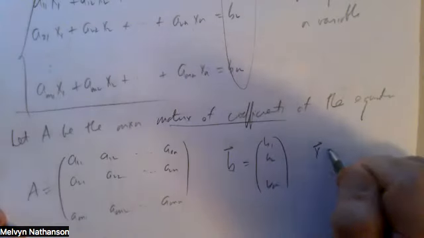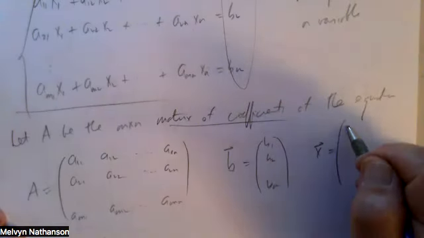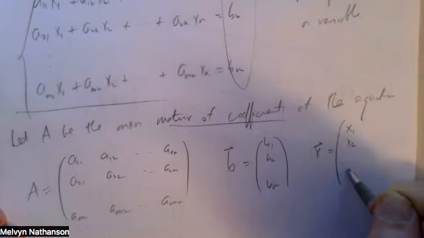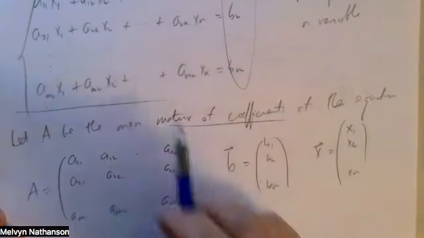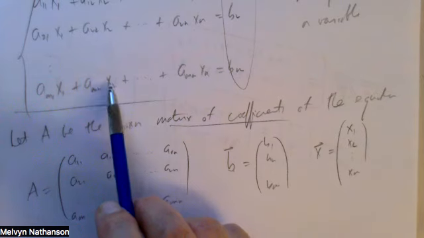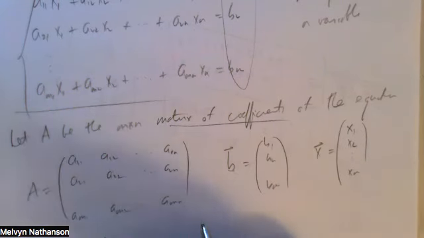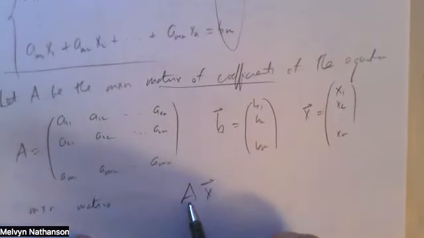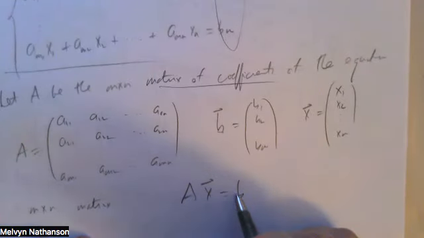And let x be the n-dimensional vector of the variables. So finding the solution for this system of equations is exactly the same as finding a vector x such that the matrix A times x is b.